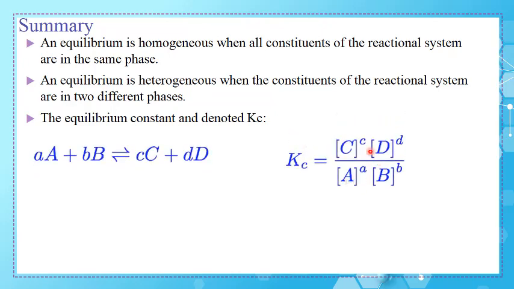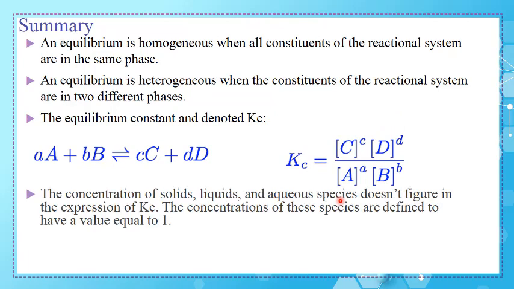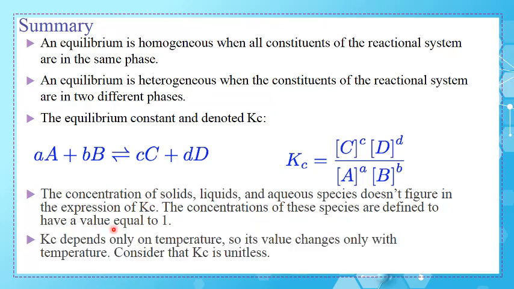This is the relation of Kc as we explained previously, and this is the note that the concentration of solids, liquids, and aqueous species in heterogeneous equilibrium doesn't figure in the expression of Kc. They are considered to be equal to 1, and Kc depends only on temperature, and it is unitless.